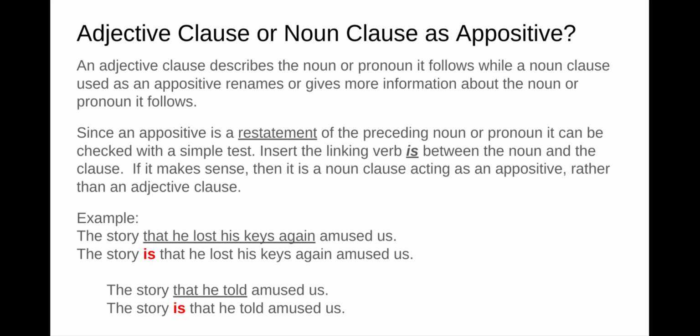If it's an adjective clause, you're going to indicate that it's not an appositive. And on all the rest of them, they're just noun clauses working as appositives. So a majority of your assignment, you're just looking for the noun clause as an appositive. But there are a few sentences where they throw in an adjective clause to see if you're paying attention.